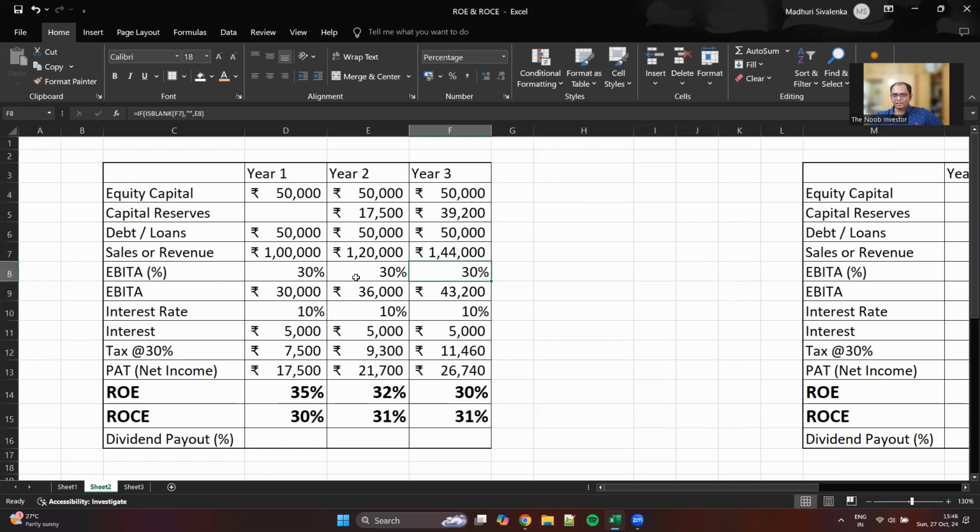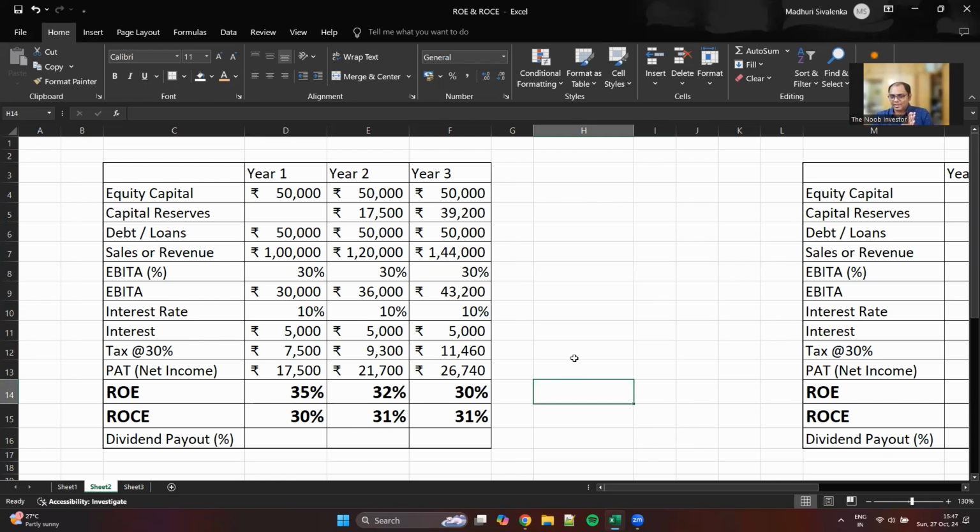So if you see here, the ratios have not dropped at all. You can see the impact of growth. If your growth is good enough, your ratios will not come down. And that basically means that you're still compounding the shareholder money.